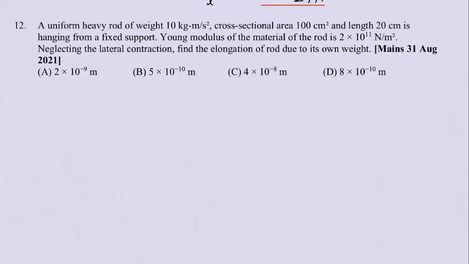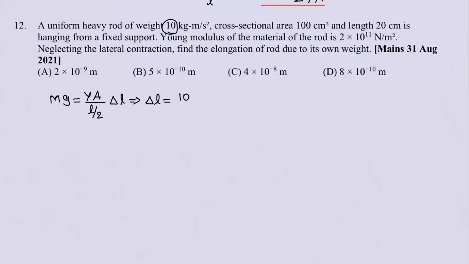So F is equal to YA by L, with L taken as L by 2, into delta L. Why am I taking L by 2? Center of mass length, own weight on the center of mass. So that implies delta L is equal to mg.